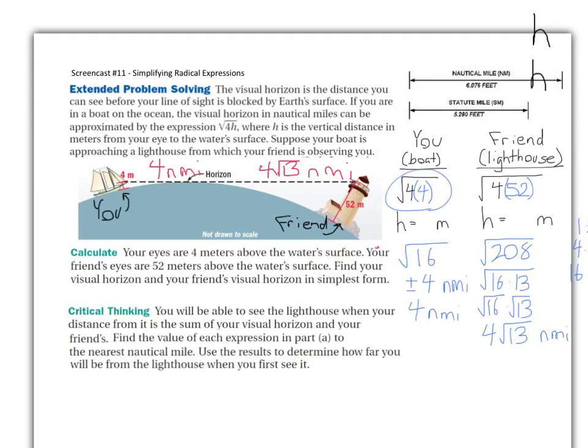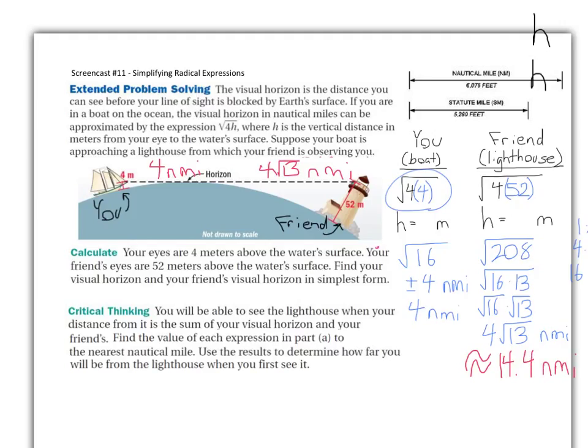However, if I were to ask you to approximate 4 root 13 nautical miles to the nearest whole nautical mile, that's what it's saying here, well, what we'd have to do is use our calculator for that. So go ahead and put into your calculator 4 multiplied by the square root of 13, and you will clearly see that this is approximately, if you round to the nearest tenth, 14.4 nautical miles.